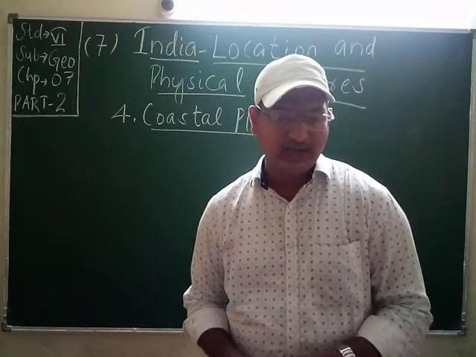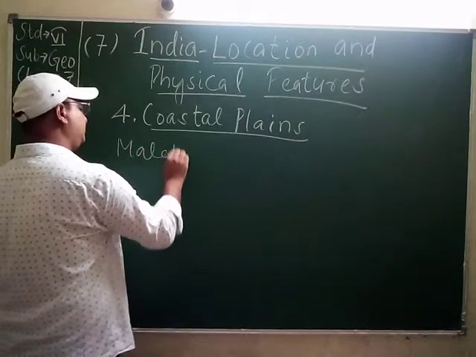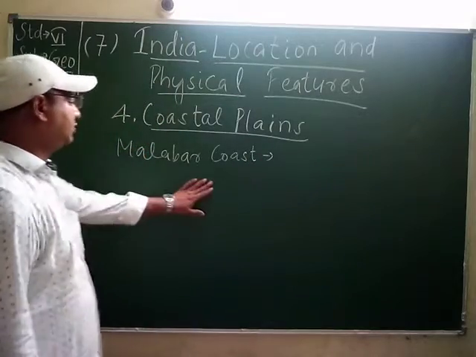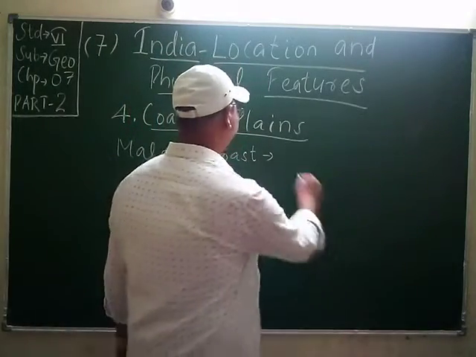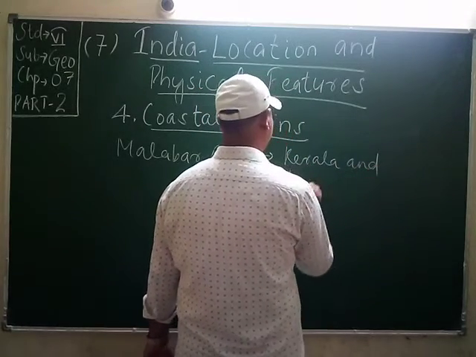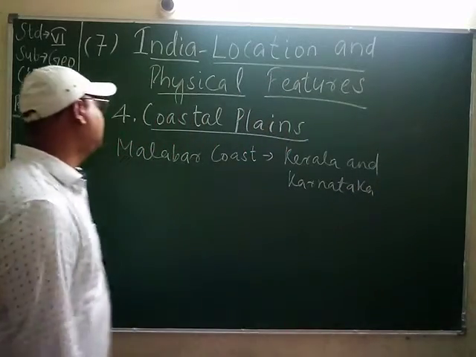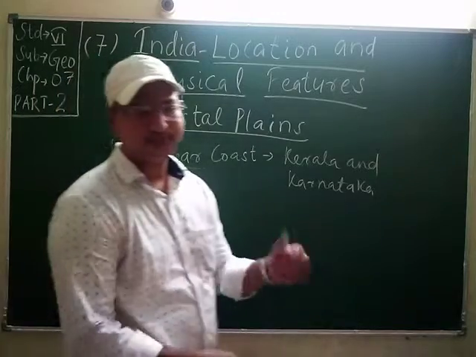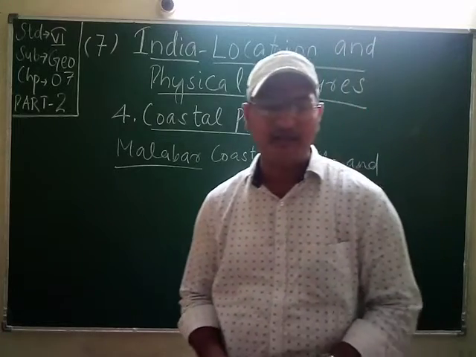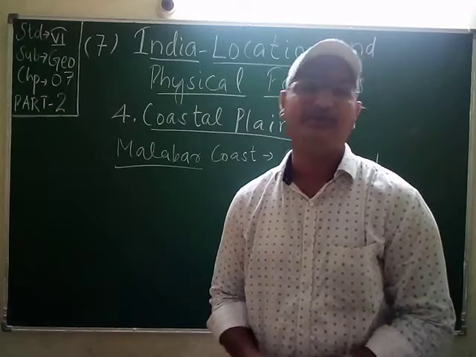The coast in Kerala and Karnataka is called the Malabar coast, and it is very fertile. The Malabar coast is unique with its calm beaches and peaceful stretches of backwaters. Students, the backwaters of Kerala are very famous.